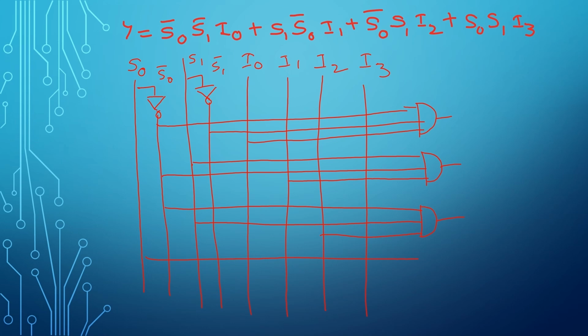S0, S1 and I3, and these three are connected to another AND gate. And all these multiplication terms are added together using an OR gate. The output of the OR gate is the final output of the multiplexer.